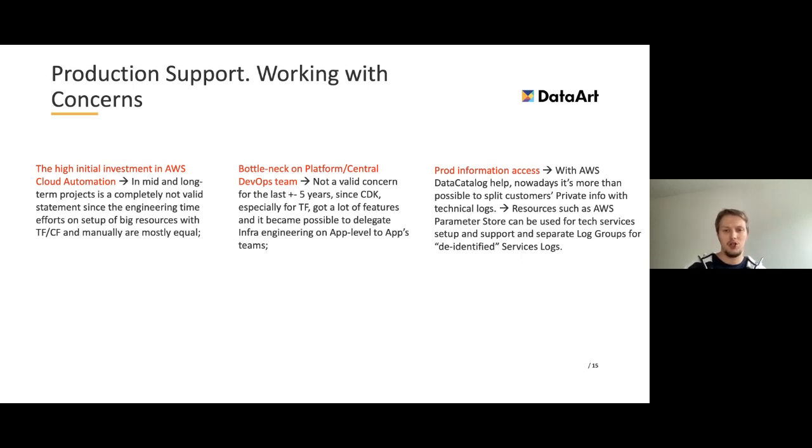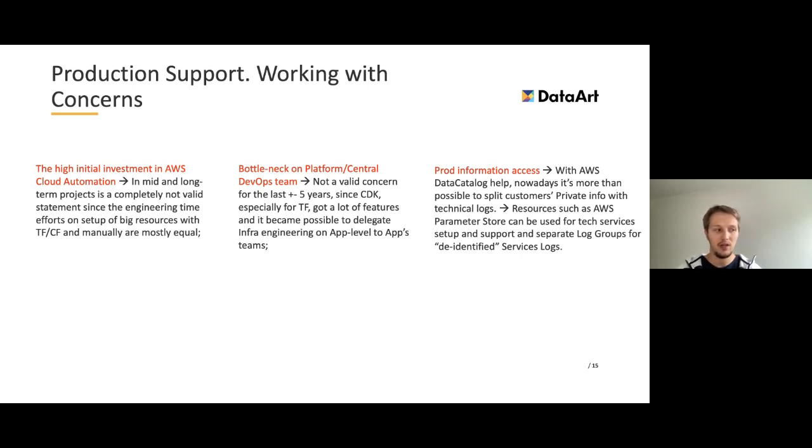And of course, another issue related to this topic is broad information access. You can very often hear from your stakeholders, a customer, that we will not provide the vendor any access to prod at all because of something.